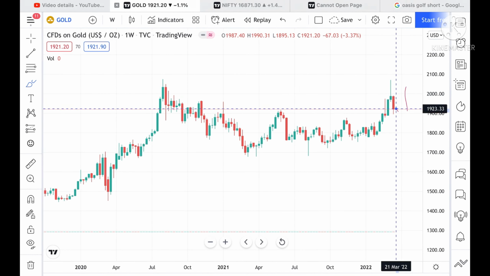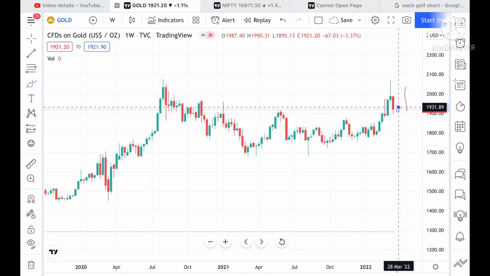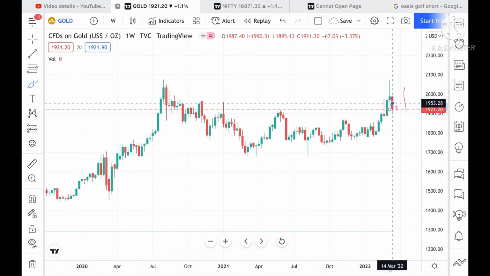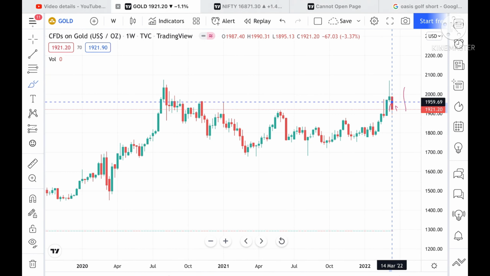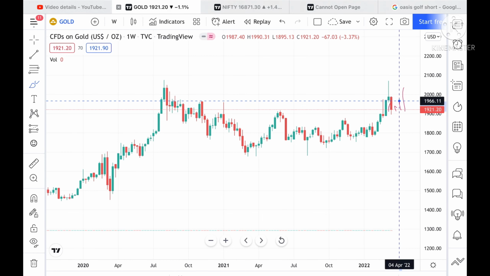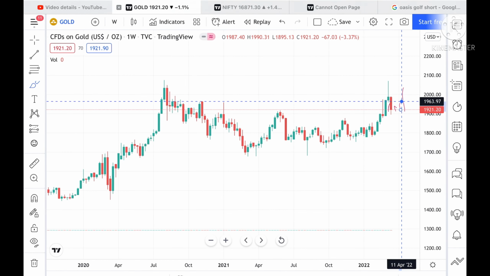And if the level 1931.89 sustains, then it can move further upside towards a level of 1953. And if that level sustains, then it can move towards a level of 1951. If the price goes above this level, it can touch a level of 1963.